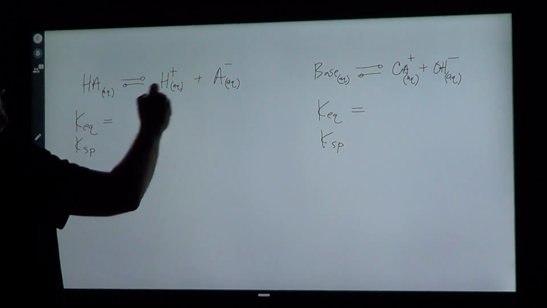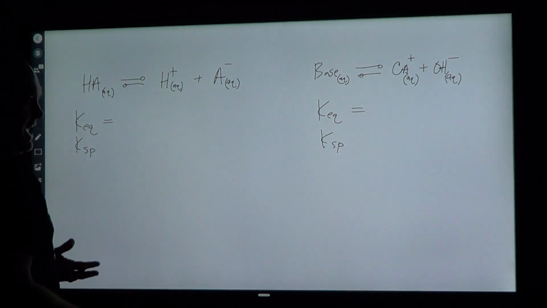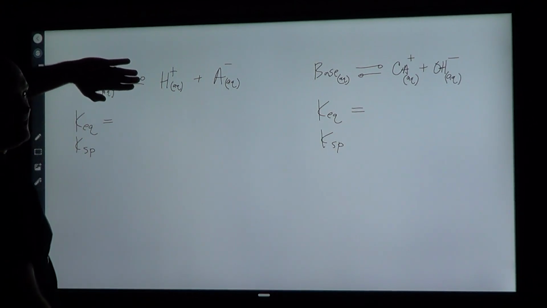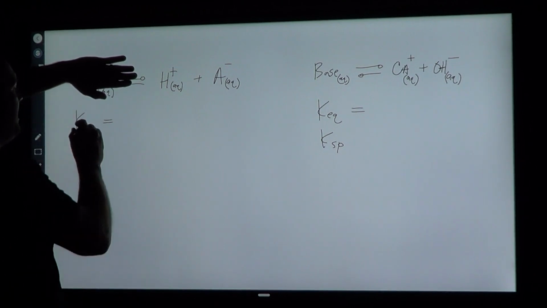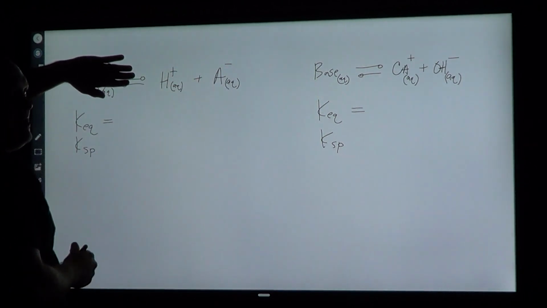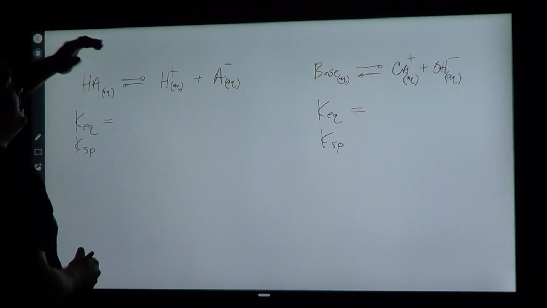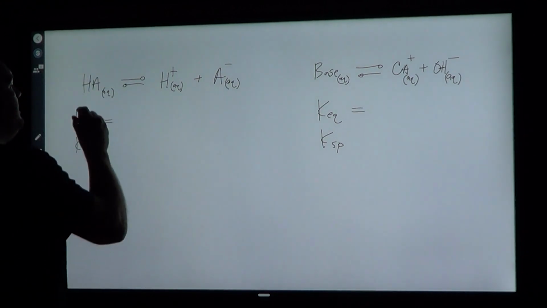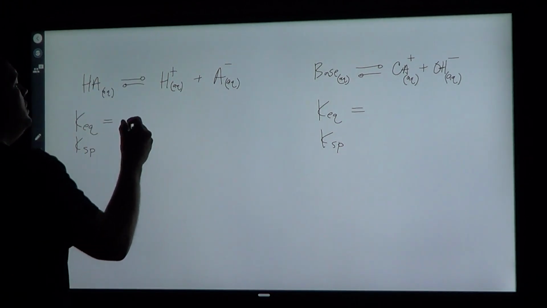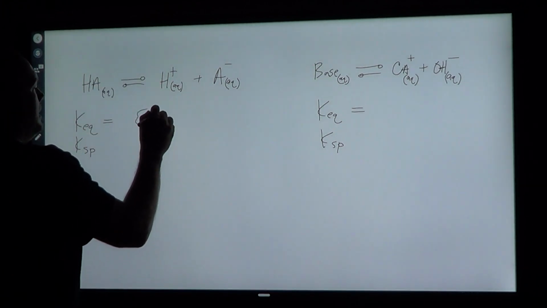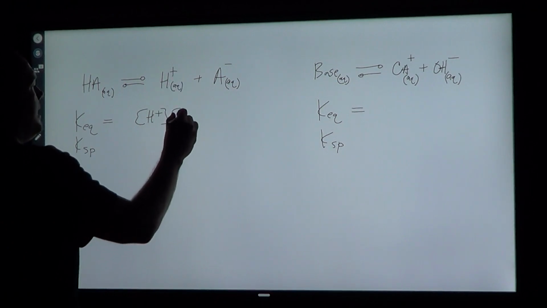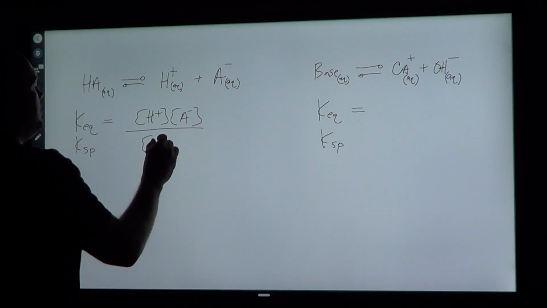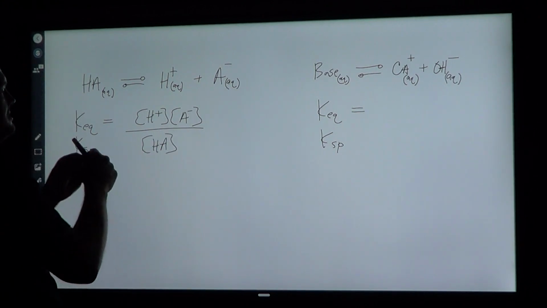But how would we do this? If it was a strong acid, we would assume there's none of the reactants. So we would just say the K would be H times A. But because most of the acids in the world are weak, we are going to have to keep track of all 3 species. So it's the H plus times the anion divided by the dissolved acid that has not split.